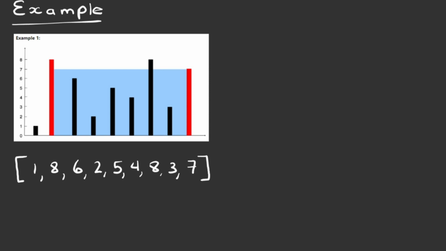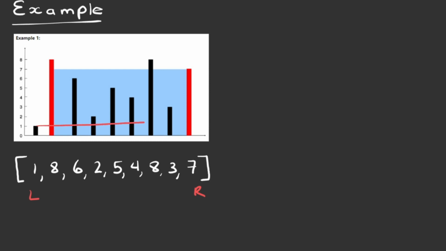For the optimal solution, oftentimes when we're using a nested for loop, we can replace it using two pointers. So for this example, we can start by initializing the left and the right pointers at the beginning and end of the height array, and simply increment or decrement the pointers depending on the minimum height. We first calculate the amount of water that can be stored between these two edges.